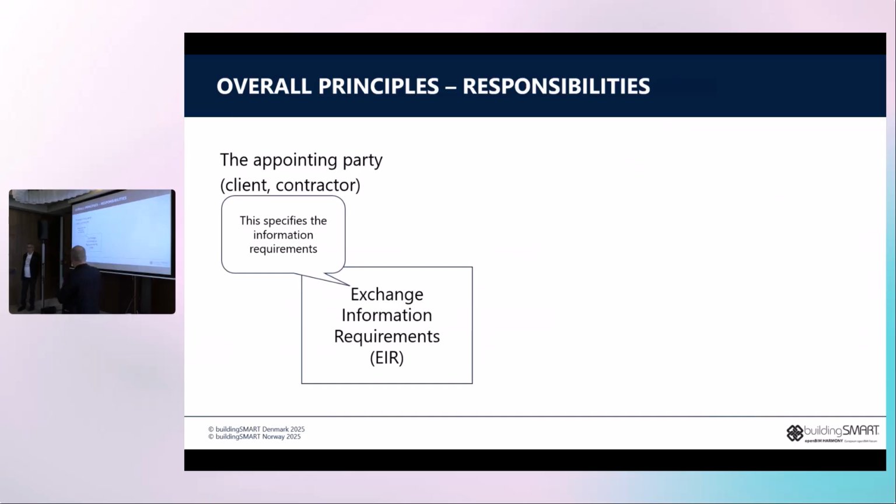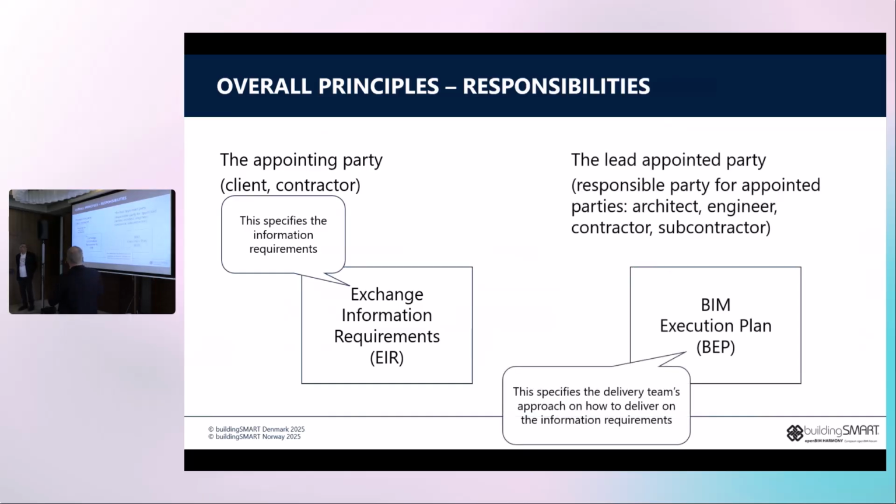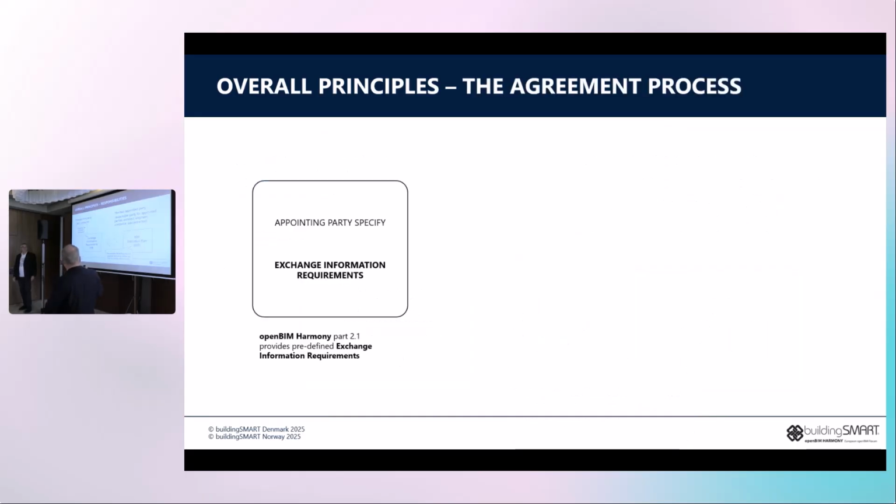Just to be clear, there is the BIM execution plan, which many combine with the requirements, but it shouldn't be. The BIM execution plan is just the approach on how to deliver according to the EIR, the exchange information requirements. And in this division of how things are done, the appointing party is not just a client.